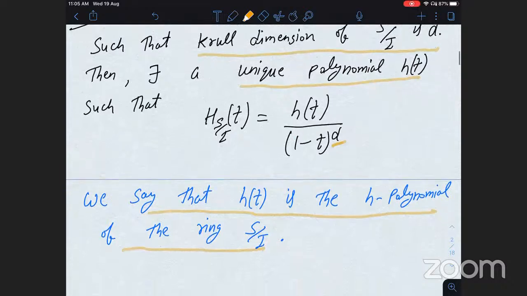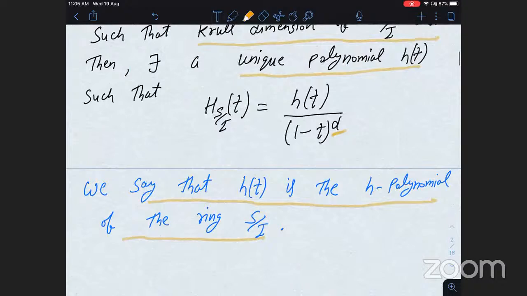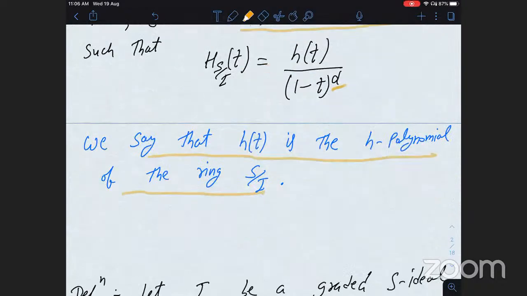And let h(t) be the H polynomial of the ring S mod I.